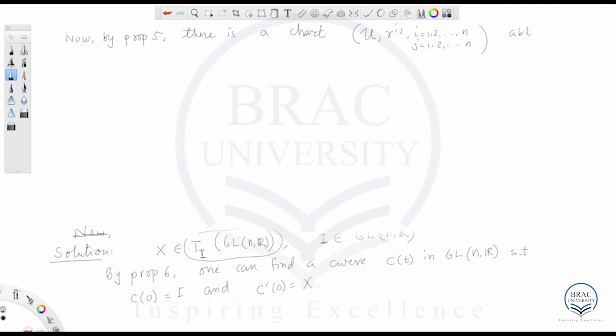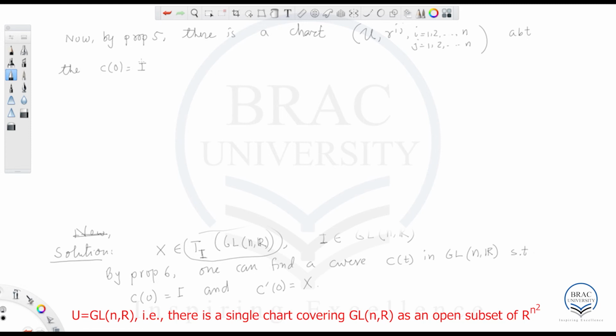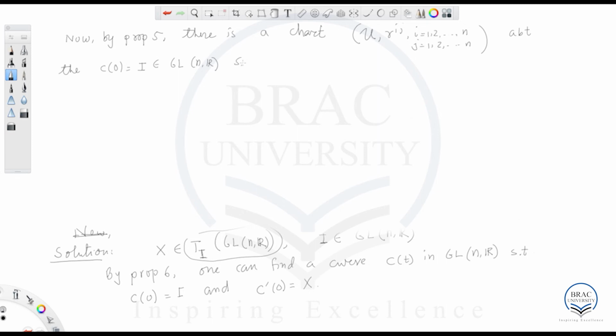So there is a chart (U, r_ij) about the point C(0) = I in GL(n, R) such that you can write the velocity vector at the initial point in terms of the basis vectors in the respective tangent space.